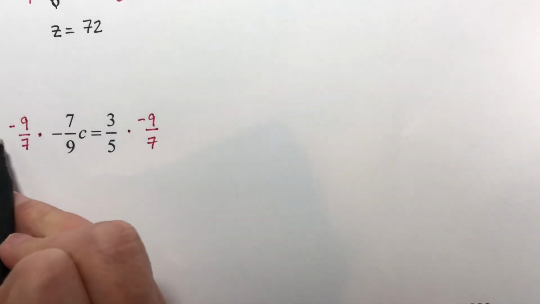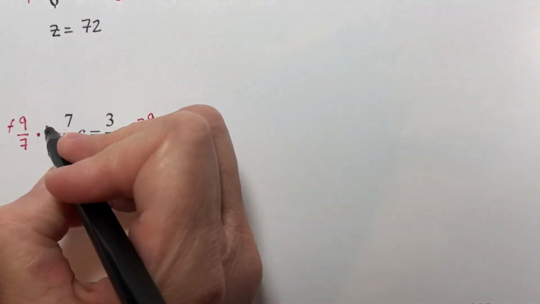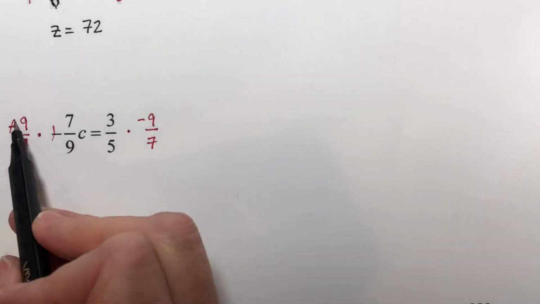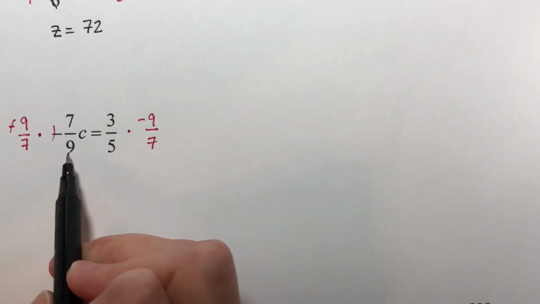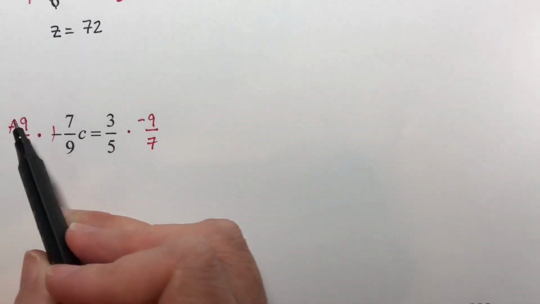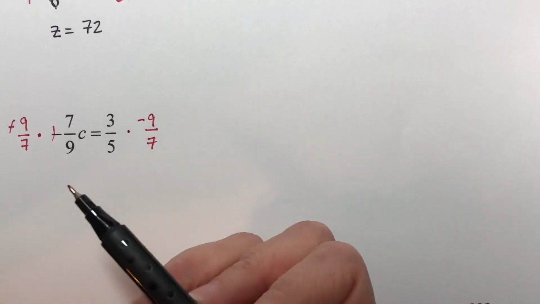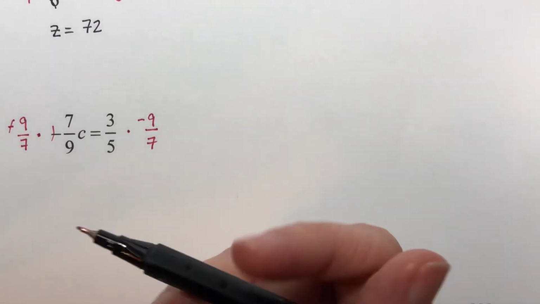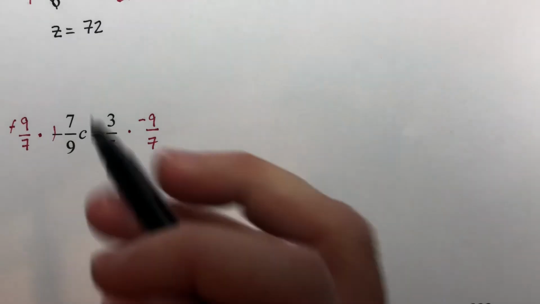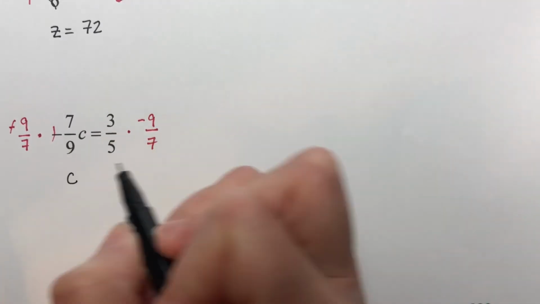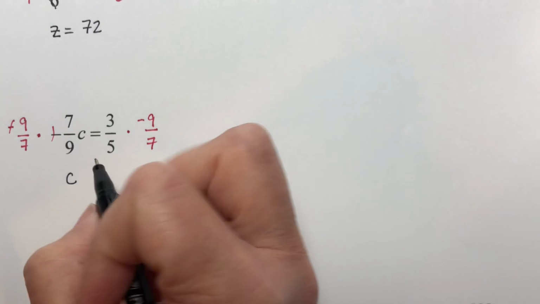A negative times a negative is a positive, so that goes away. If you just multiply straight across, this would be 63 over 63, which is 1. You can think of them as cross-canceling. You might just recognize that they're reciprocals, so you're automatically going to get 1. Any way you think of it, you have just a c on the left.